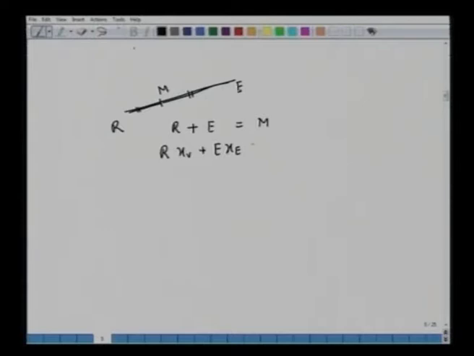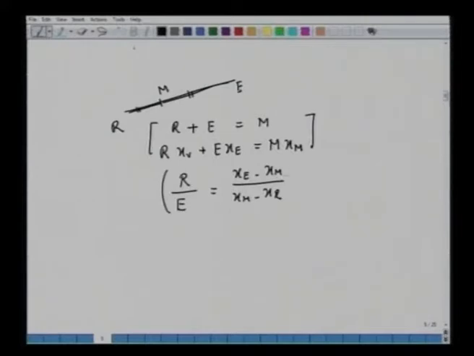Generally we like to use Y for the extract phase. Nonetheless, this is Y into XM. So you can write down the amount of raffinate over extract by applying this tie rule. R by E, you should be able to show that this is XE minus XM over XM minus XR.